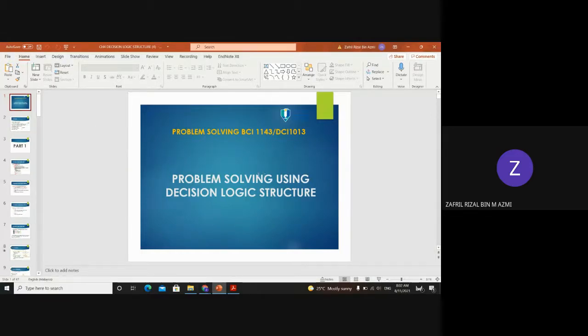Today we are going to continue with the decision logic structure, part 2. Hopefully by the end of this week, you all will be ready for your midterm test on Monday next week.